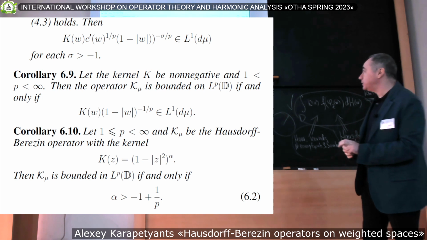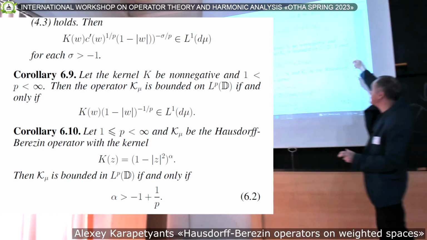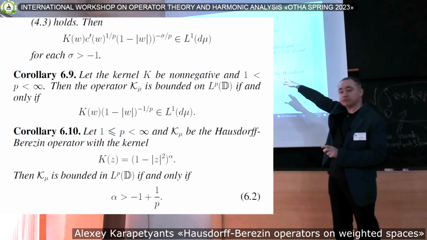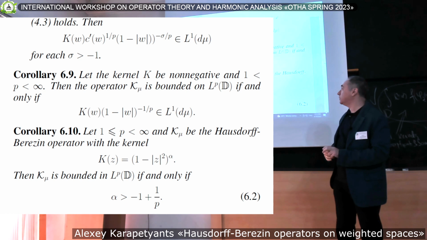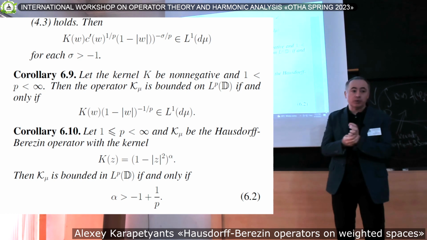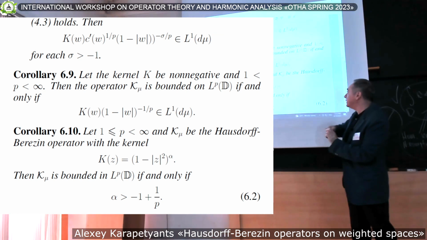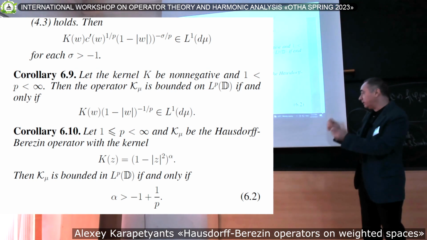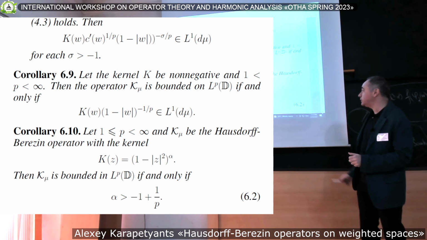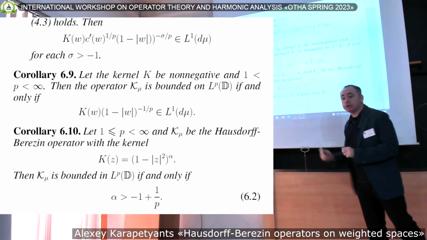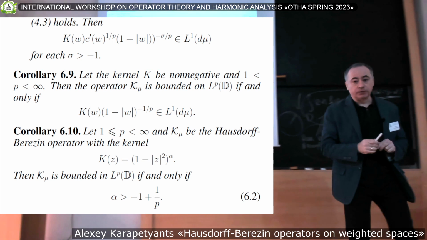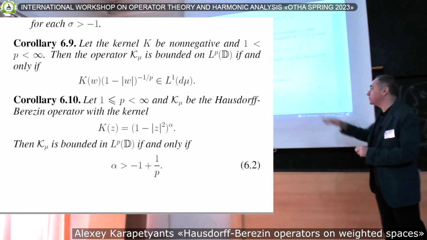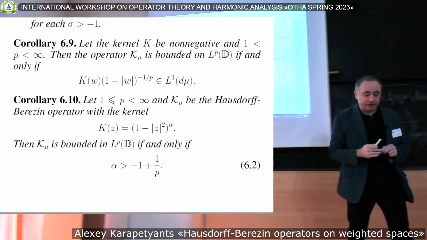In particular, when we restrict to the unweighted case, then we have an if and only if condition, like this. It is also important to show that when the kernel is of this particular type, we can give necessary and sufficient conditions in terms of the power alpha of the kernel. So please remember this condition, because I will refer to it again later.